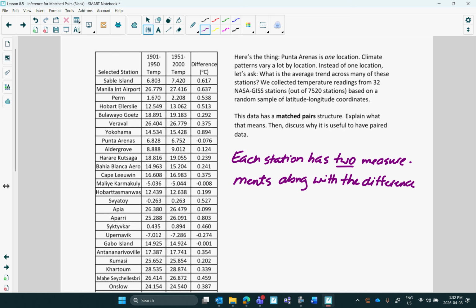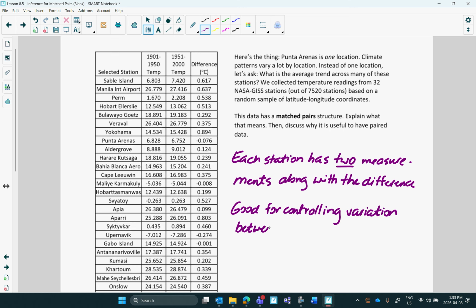Okay, and why is a matched pair structure good? It's good for controlling variation between stations.